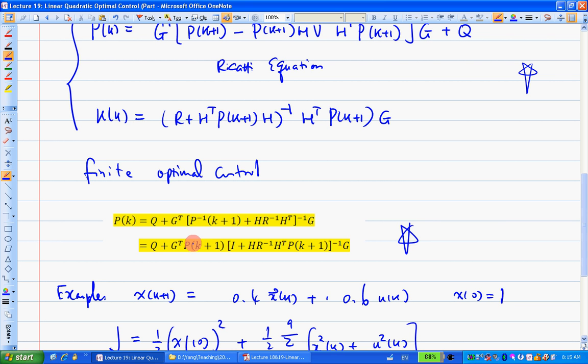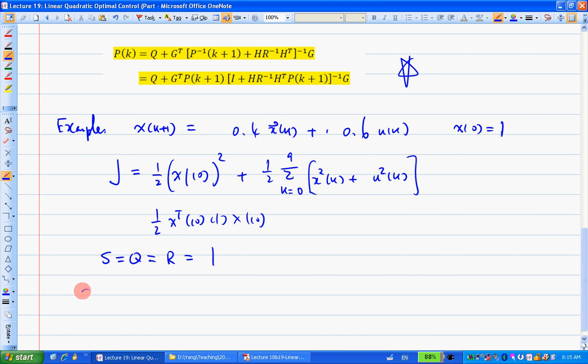Which means if you give N here, you get N minus 1, right? That's the backward thing here. So where should we start? This is N here, so we start from P of N.